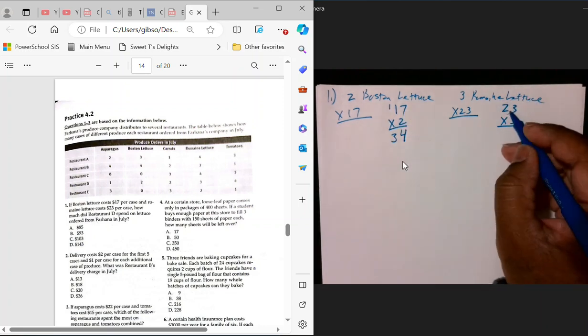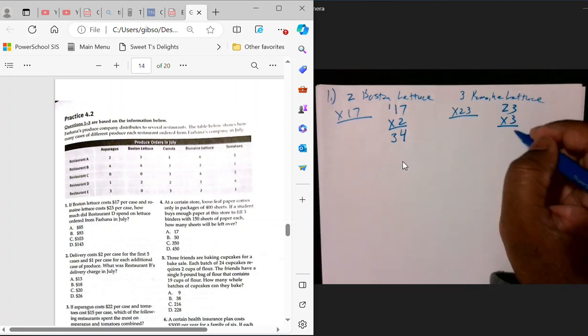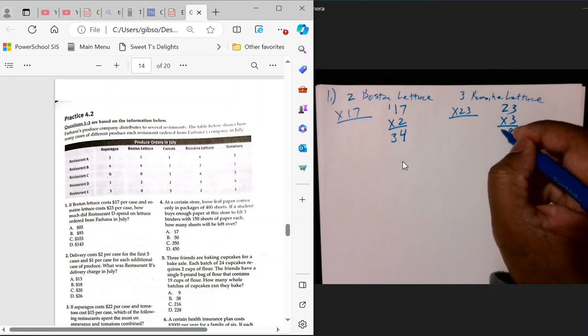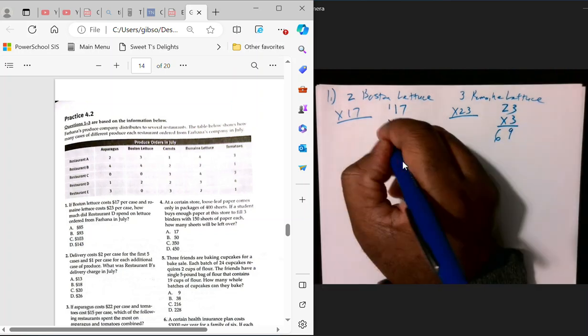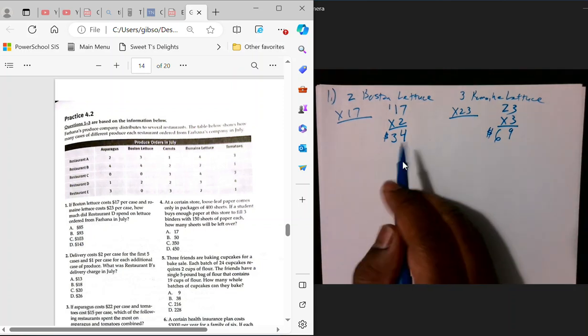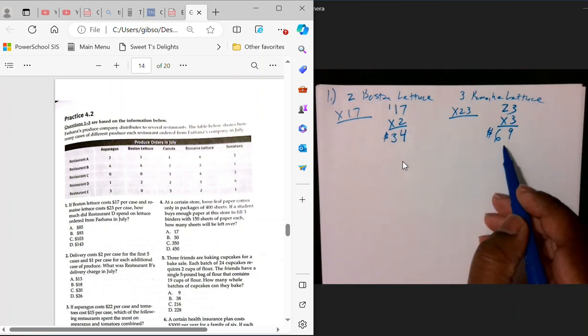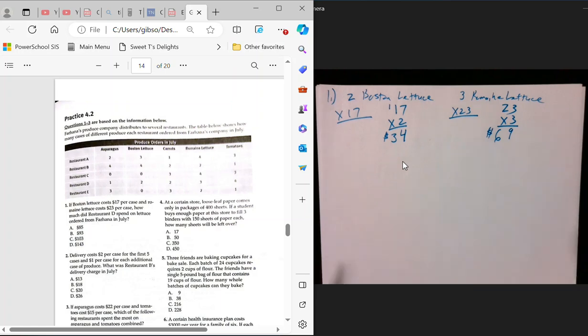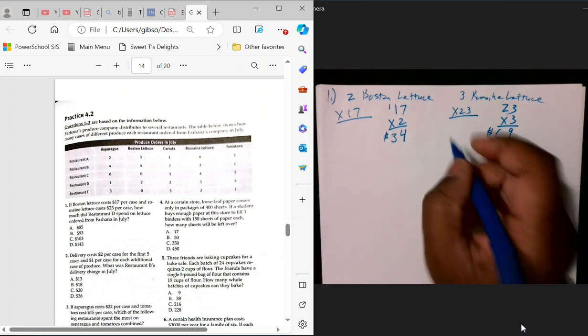Now for the romaine lettuce. 23 times 3. 3 times 3 is 9. 3 times 2 is 6. So Restaurant D spent $34 on Boston lettuce and $69 on romaine lettuce. Now we have to see what is the total that they spent on this, so we would add these two values.